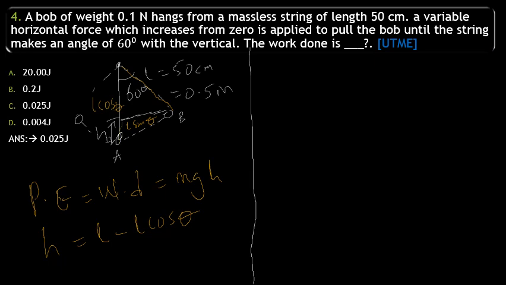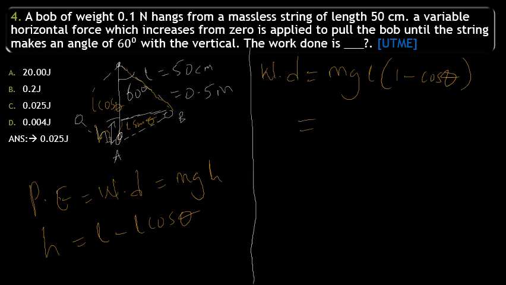So to find h, we just say the total length minus L cos theta. So if we plug this in, work done will be equal to mg L (1 minus cos theta).